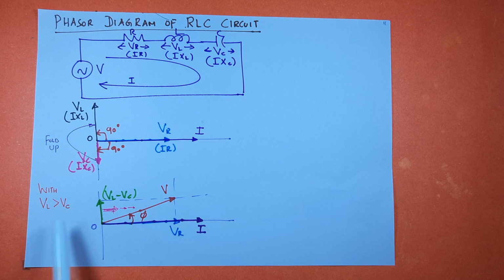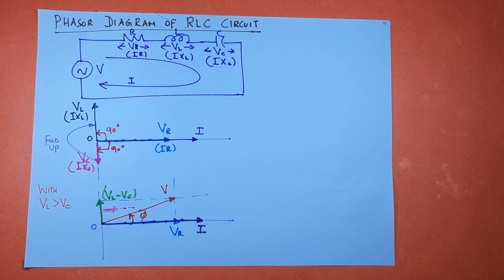Now suppose the inductive reactance is greater than the capacitive reactance. Any one may be dominating. Normally, therefore, VL will be greater than VC.